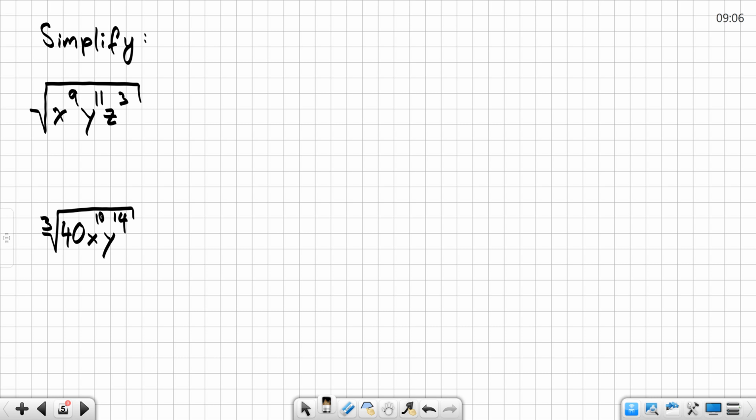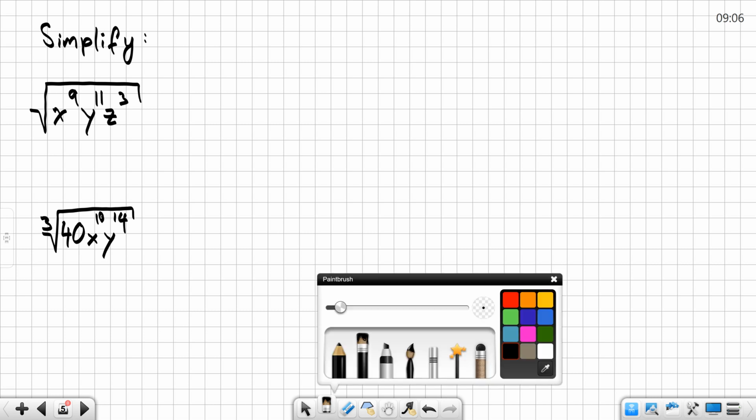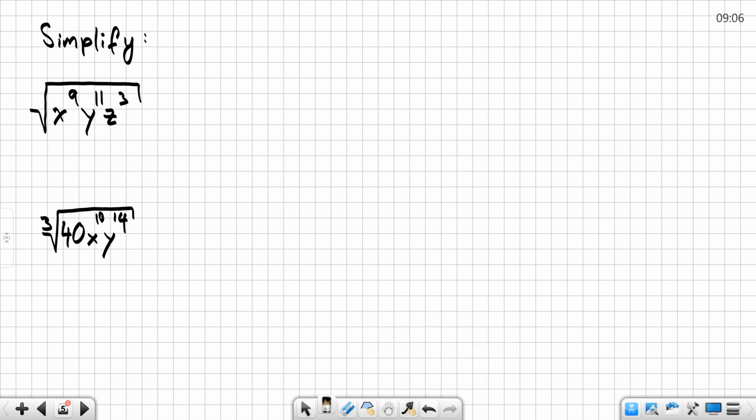Let's do two more examples before we go and add an additional step in our simplifications. So we are supposed to simplify these two radicals. The first thing that I'm going to look at is the index of the radical. This is the square root. That means there is theoretically a 2 up there. That means now I will look at all of my exponents.